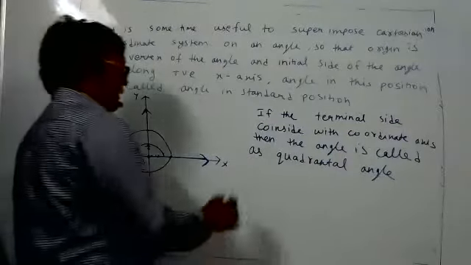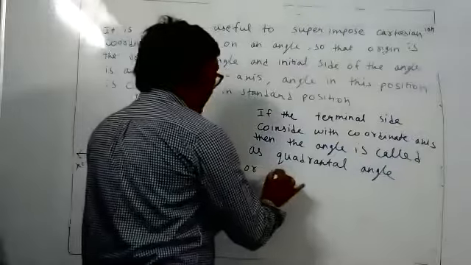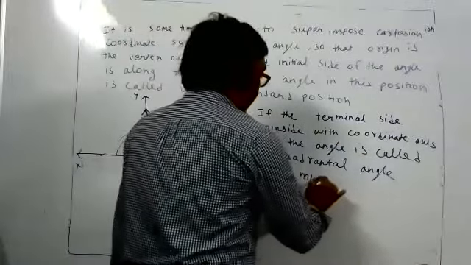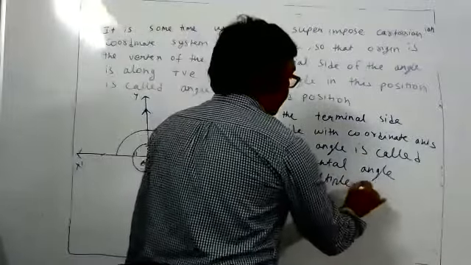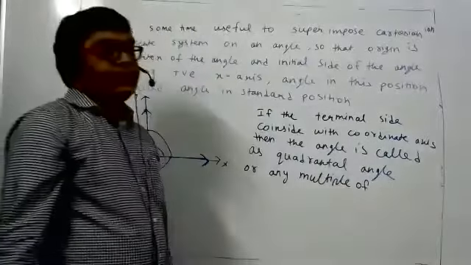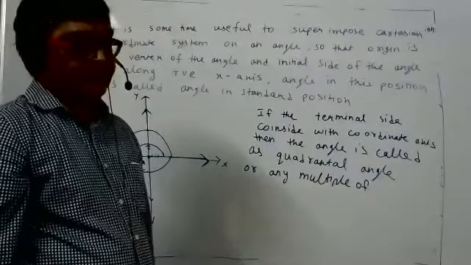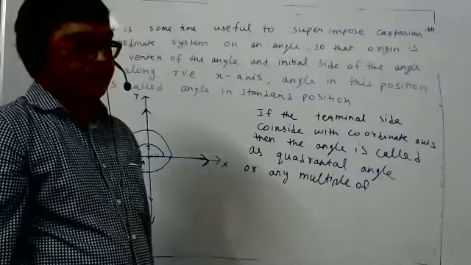So what we can say is, any multiple of 90 degrees. 90 degrees, how many radians? Pi by 2.